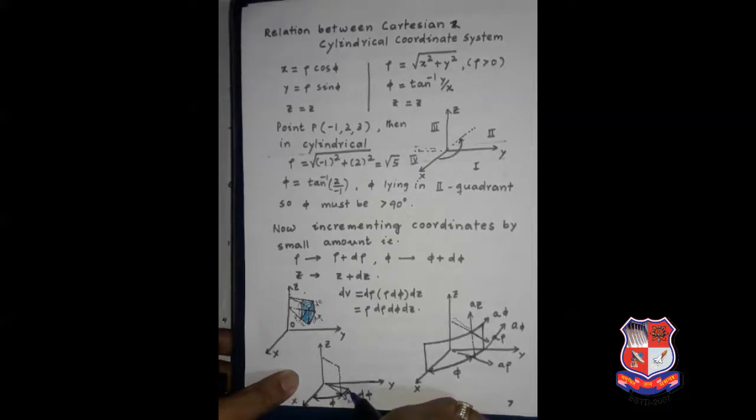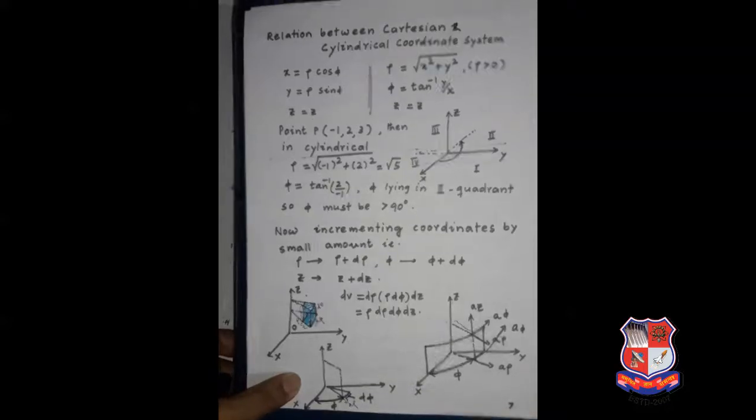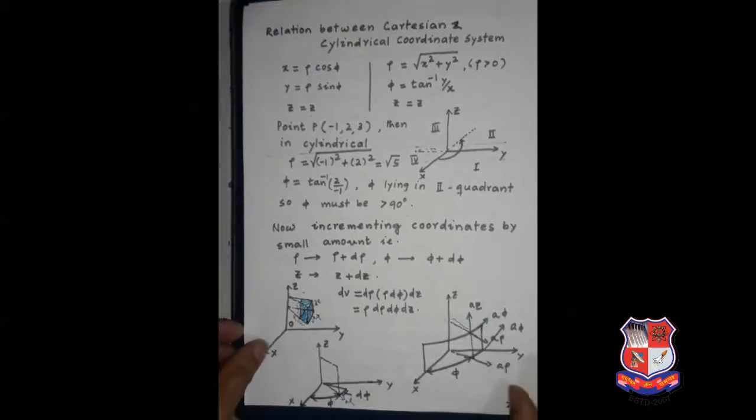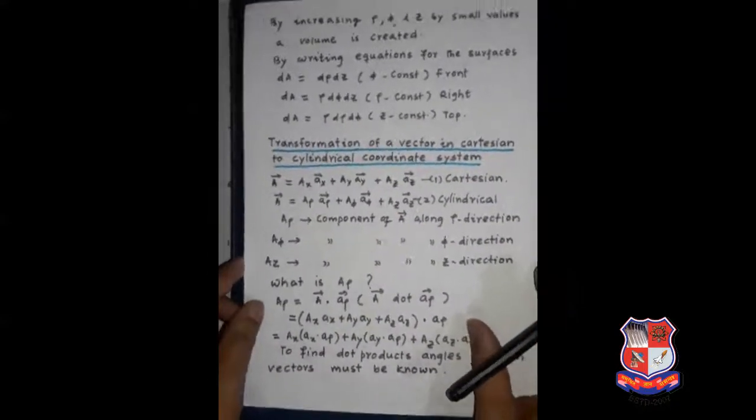How do you represent the length of this chord? It can be taken as this radius r into del phi. So that is the length which we have taken in this case for your increment in phi.